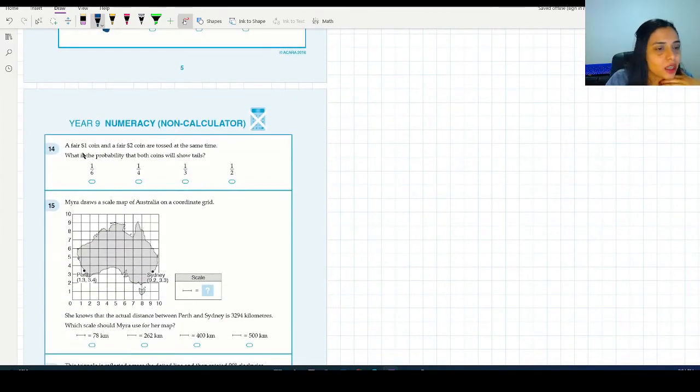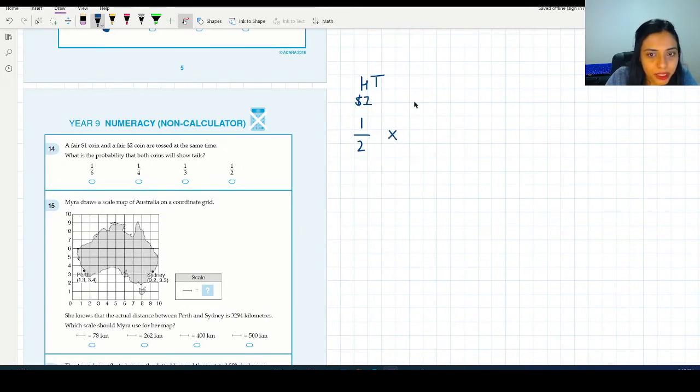Question 14. A fair $1 coin and a fair $2 coin are tossed at the same time. What is the probability that both coins will show tails? Okay, so the probability of getting a tail is a half because you've got 1 heads and 1 tails. So if you flip the first coin, the probability of getting a tail on the $1 coin is half.